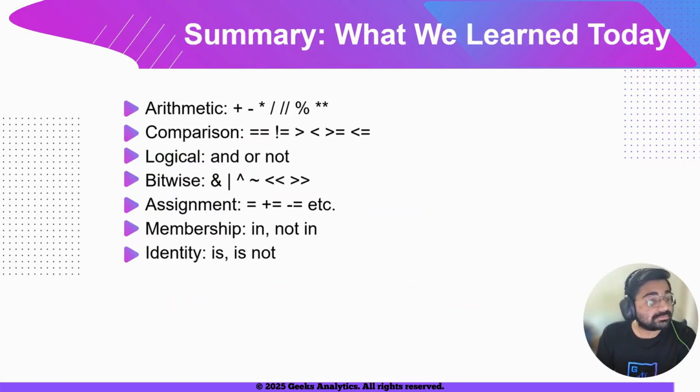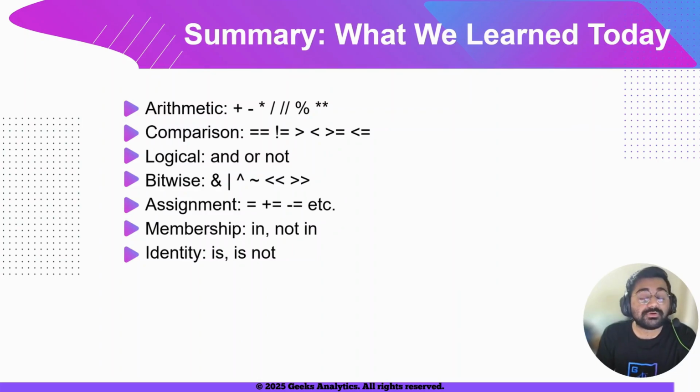So, in today's session, we explored a variety of operators in Python. We understood how they behave with numbers, strings, and different data structures. We also saw how bitwise operators specifically work and how identity operators work on memory locations.